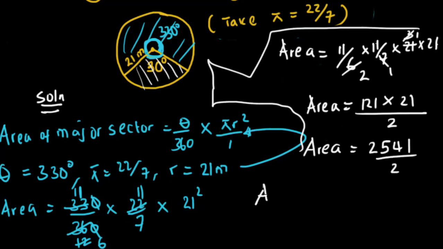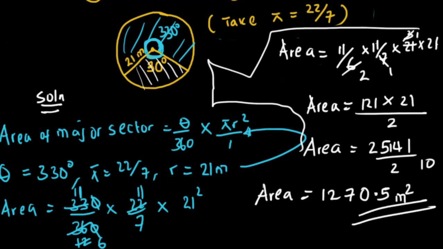So 2 in 2 is 1, 2 in 5 is 2, remainder 1, 2 in 14 is 7, 2 in 1 is 0, remainder 1, 2 in 10 is 5. So we have 1270.5 meters squared. And here's the area of the major sector. I hope you understand this perfectly.